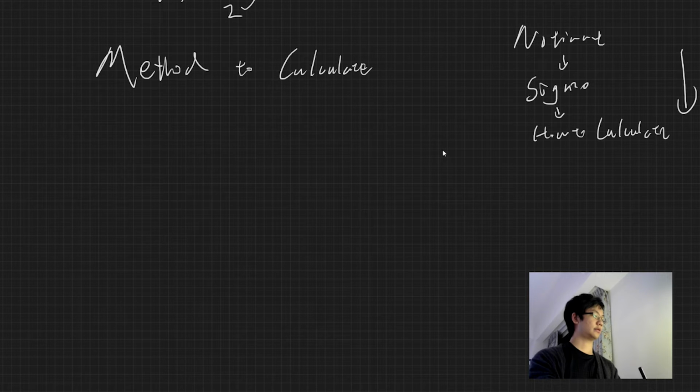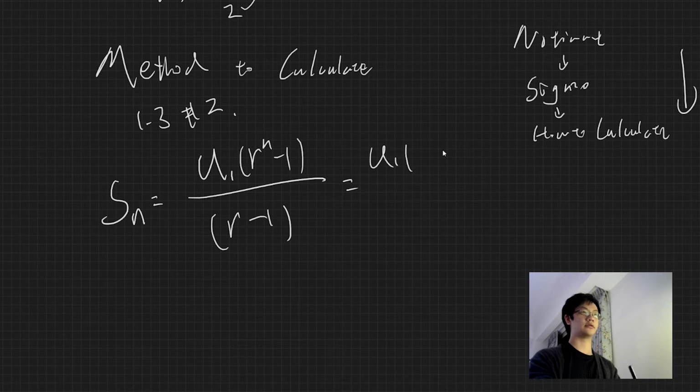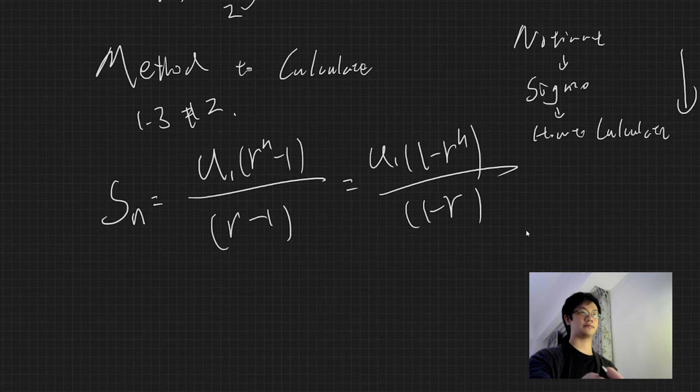So for finite, you have the formula in 1.2 number 2, right? So the sum is u1 times (r^n minus 1) over (r minus 1), and that also equals this. So I hope you realize that this is actually exactly the same thing, right?